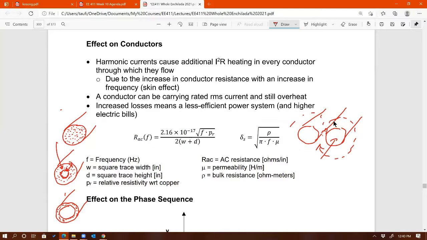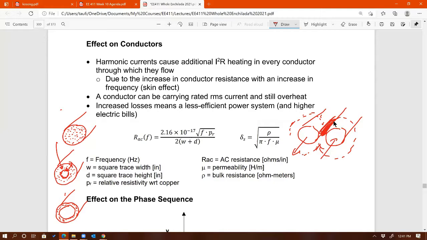If the other one is leaving, instead of entering, then you can see by the right-hand rule that the flux around that left wire is going to be going up in between the wires.